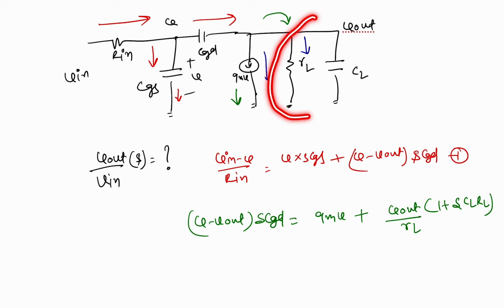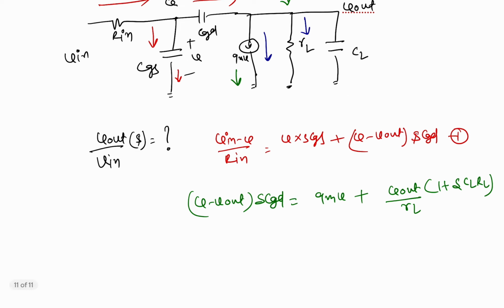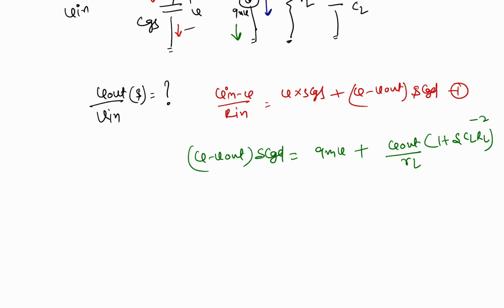So V out divided by the equivalent resistance of RL and CL, that will be the current. So if you solve equation number two, then you will find what V out divided by V is.